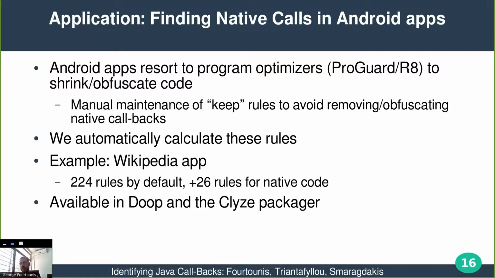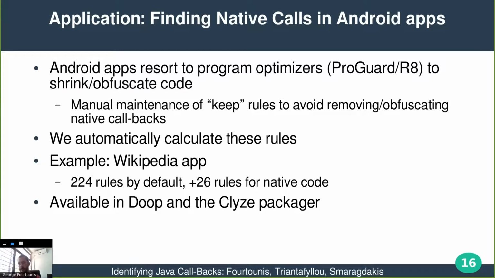These optimizers make the developer write a manual script that explicitly contains keep rules, as they are called, rules that say do not touch this method because it is a callback, because it's from reflection, or all sources of problematic corner cases in the language that a tool may not be able to resolve automatically. And each time the developer adds a new native library, they have to update this manual list.